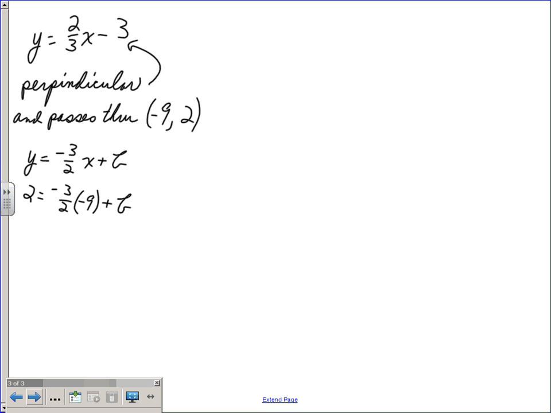What's negative 3/2 times negative 9? Okay, 13.5. All you have to do is multiply the two numerators here to get 27. I like fractions.